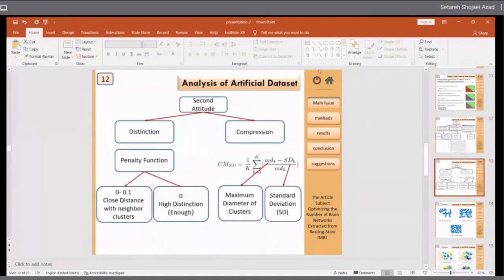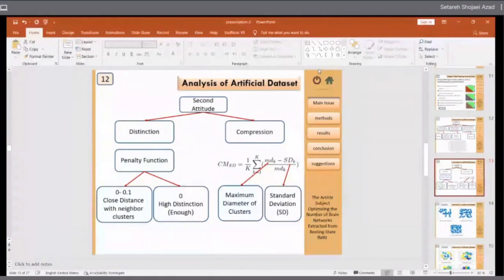The second attitude talks about distinctness and compactness of our data sets and the clustering. A clustering process must produce compact clusters, and the compactness of a cluster is defined according to its density.